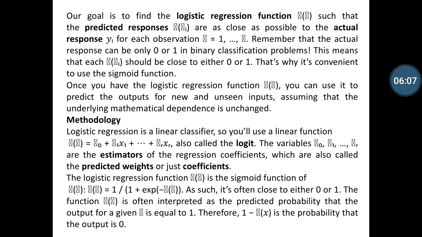This means that each p(xi) should be close to either 0 or 1. That's why it's convenient to use the sigmoid function. Once you have the logistic regression function p(x), you can use it to predict the output for new and unseen inputs, assuming that the underlying mathematical dependence is unchanged.